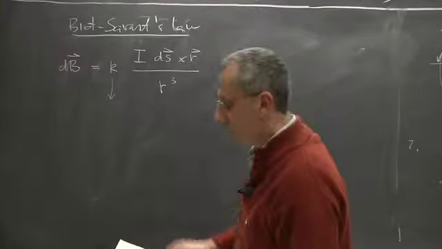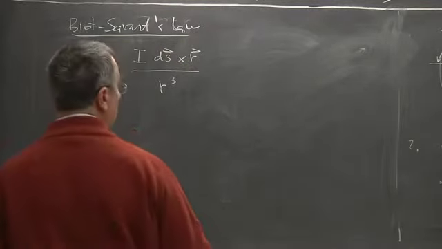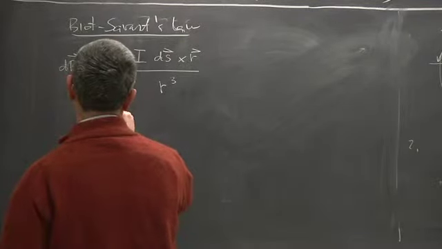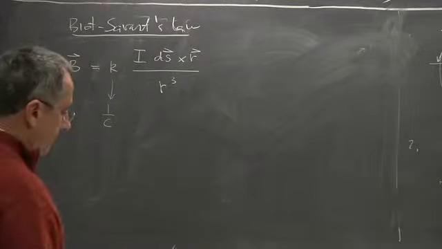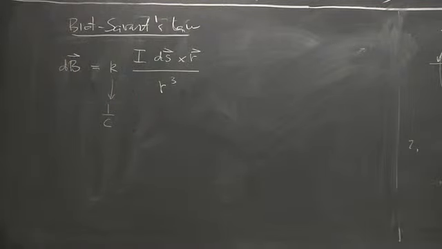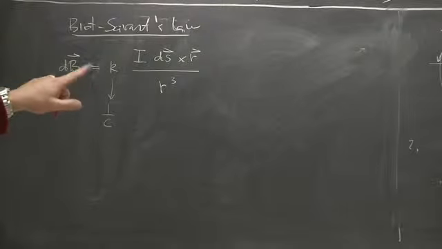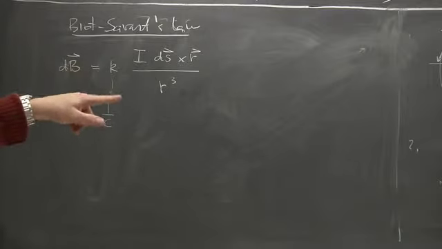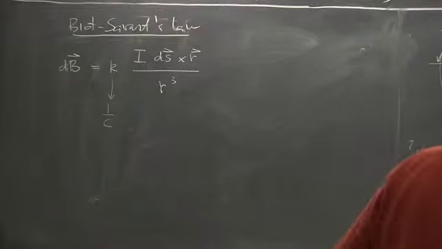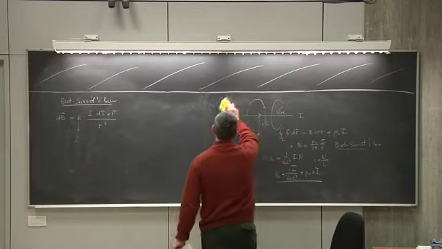Where this K depends on the units, so let me now switch to Gauss units, so this is just 1 over c, if you remember. So if you take it like I did there, you recover the special case that I computed before for a single wire at the distance r.